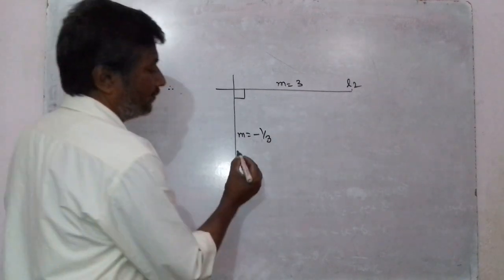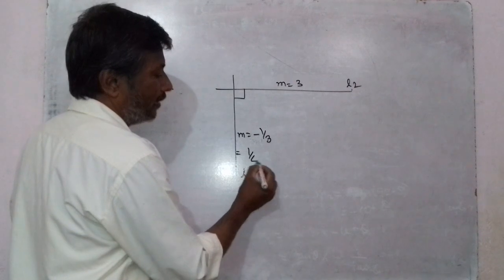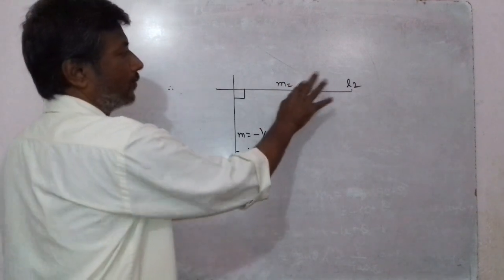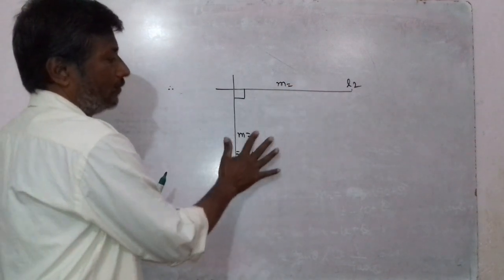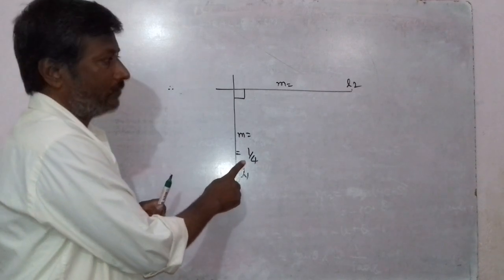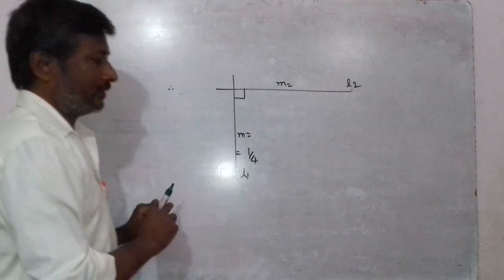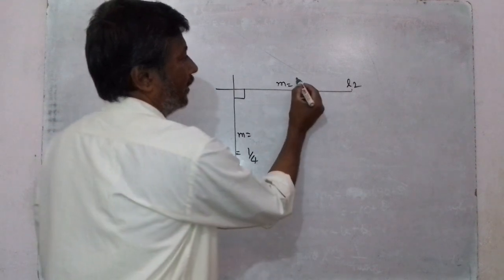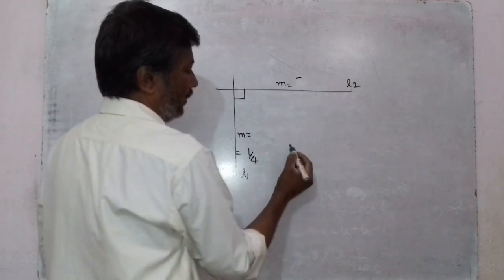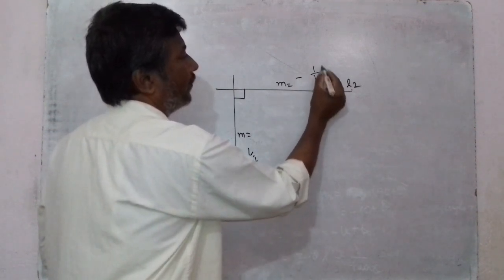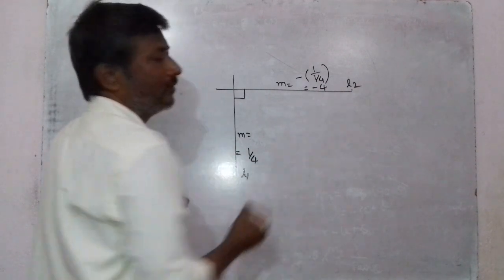Observe here. If the slope of this is 1 by 4, then the slope of this one is the negative reciprocal, 1 upon 1 by 4, which equals minus 4.